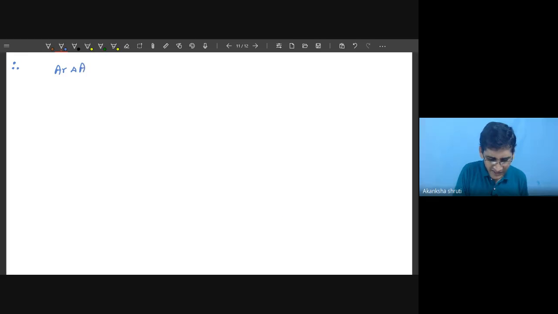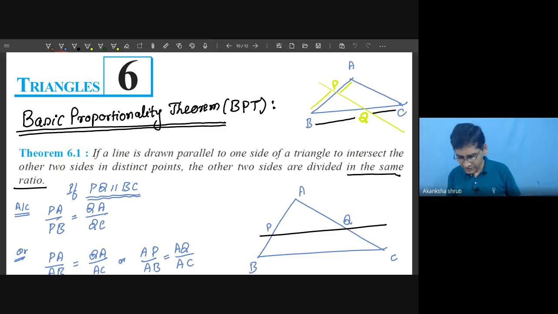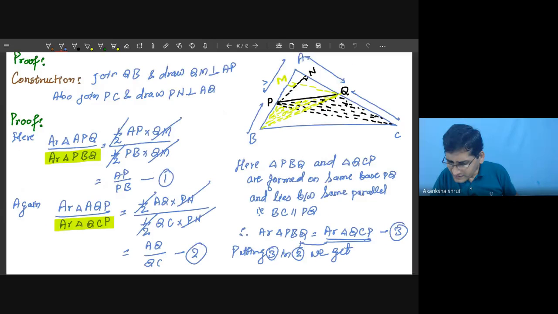Triangle AQP, it was QCP, but in place of QCP, observe it once again, this area of triangle QCP, which is in the denominator of 2, I am going to substitute area of triangle PBQ.